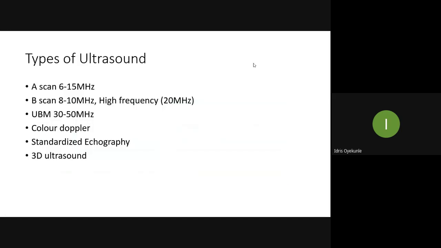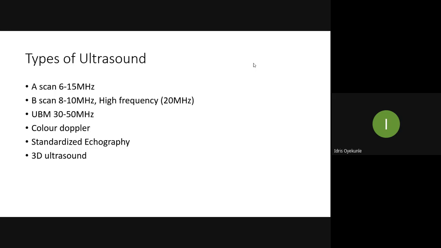So the types of ultrasound that we know: there's the A-scan with a frequency between 6 to 15 megahertz. There's also the B-scan. A-scan stands for the amplitude scan, while B-scan is a brightness mode. B-scan is 8 to 10 megahertz. And there's also the high frequency B-scan, which can be up to 20 megahertz, and it's used to produce a better resolution, especially of anterior segment structures.